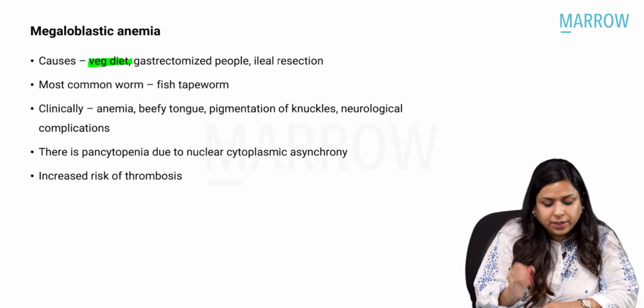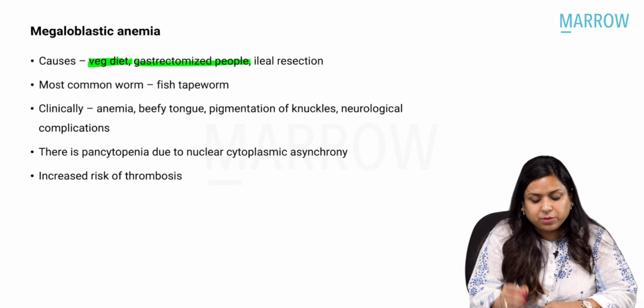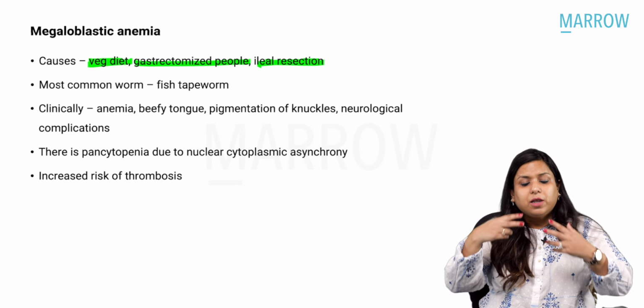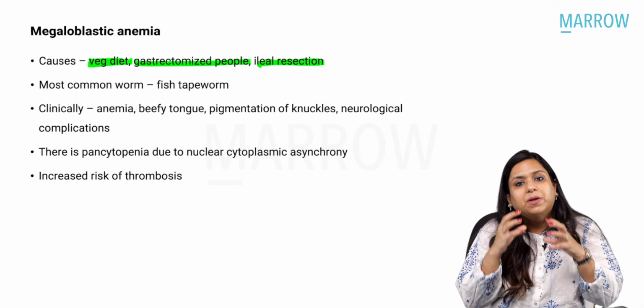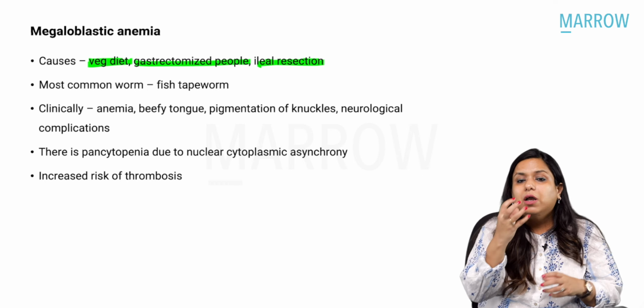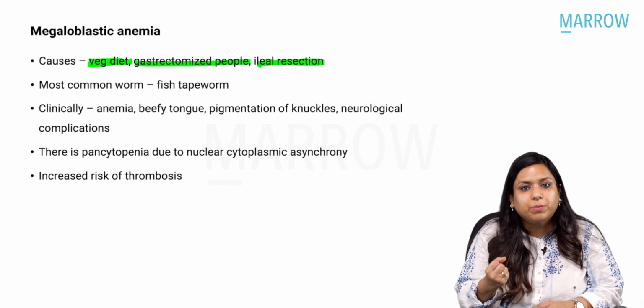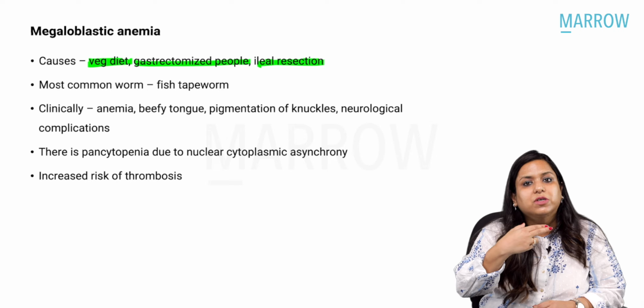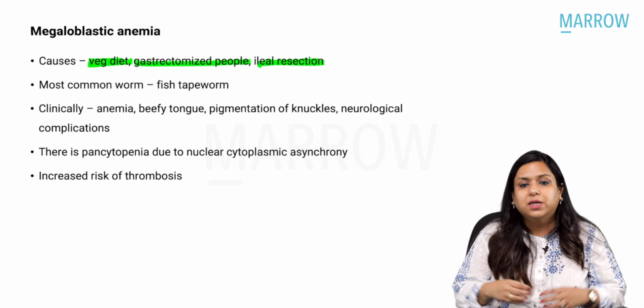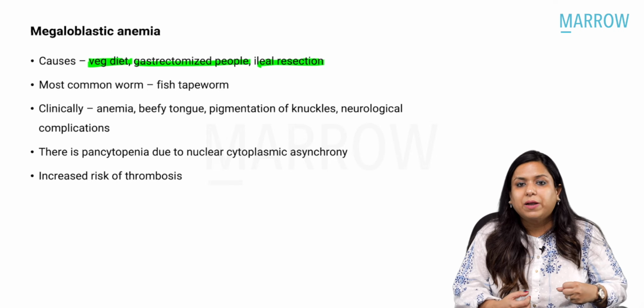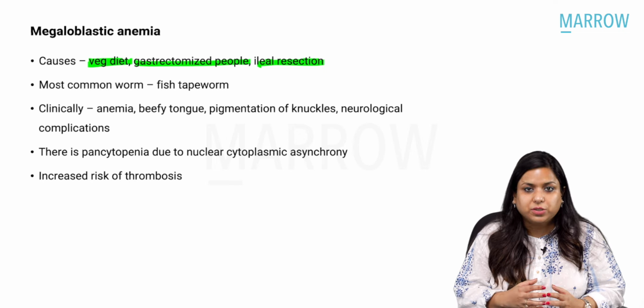Vegetarian diet, right? Gastrectomized people or ileal resection. Why? If you remove the stomach, students, the parietal cells of the stomach help in the absorption of vitamin B12, right? So, if you remove the stomach, there will be no parietal cells, intrinsic factor is not going to bind to them, so there will be B12 deficiency.